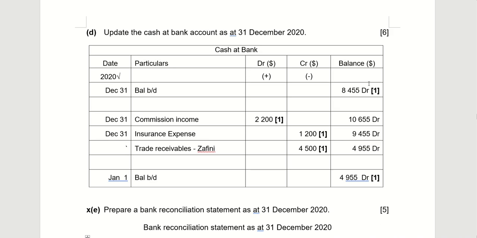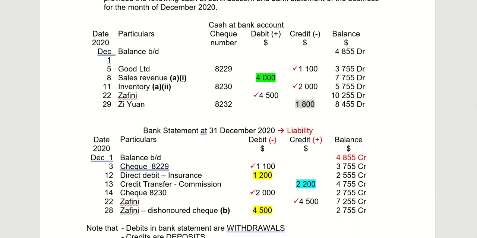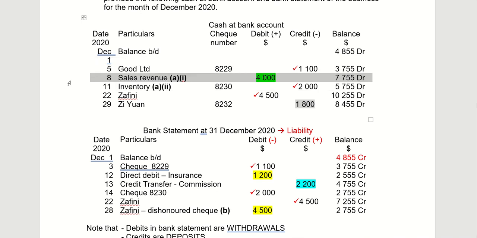The first item, $4,000. Let's take a look at what this 4,000 is. Now this 4,000 was sales revenue. What does this transaction mean? It means that you have already received a check and maybe you have deposited it, but it's still on the way to the bank. The banker did not record it because he did not receive information about this 4,000.